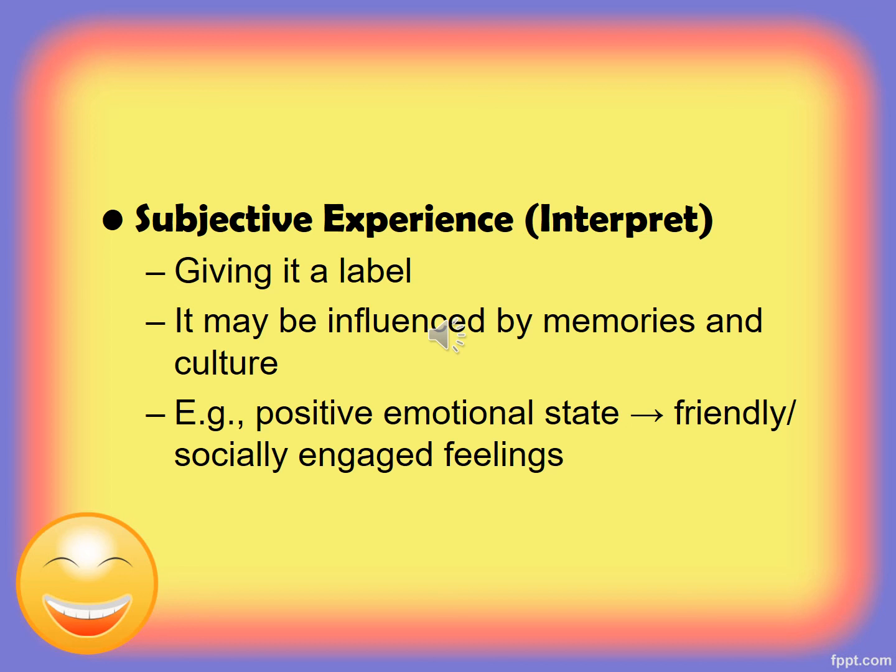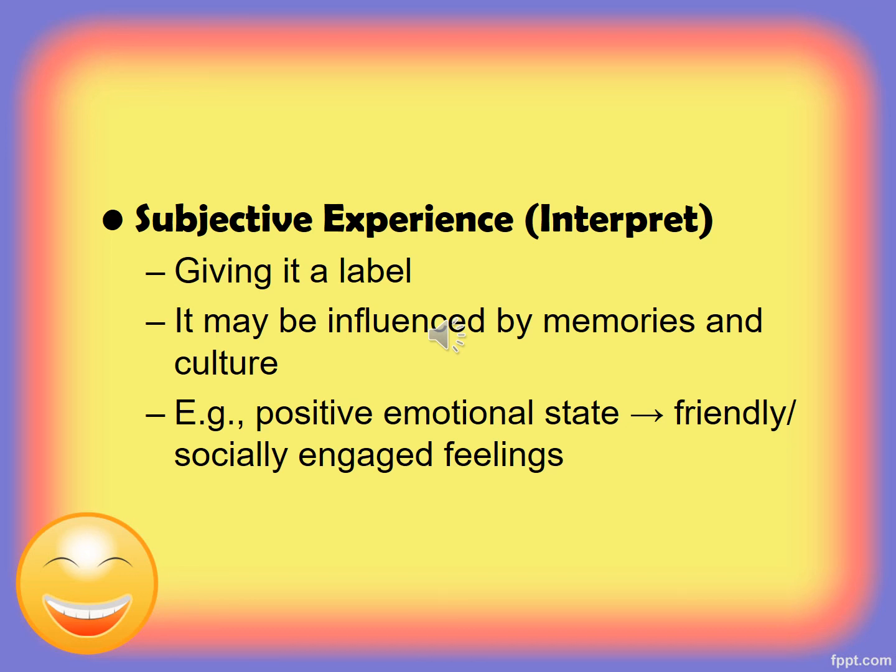For instance, people from collectivist cultures tend to interpret their positive emotional state as a friendly and socially engaged feeling. So when you are with your family members or close friends, you tend to label these emotions as positive.